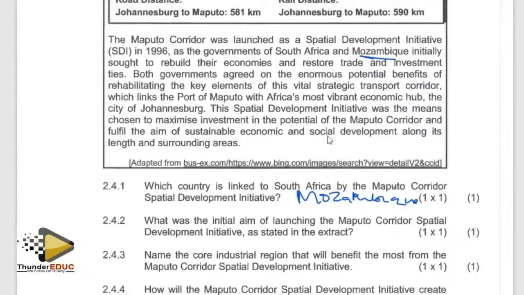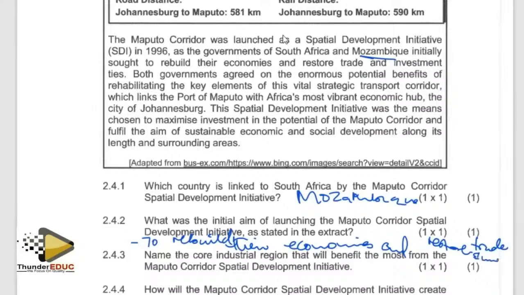But here it is written: to rebuild their economies and restore trade and investment. So we shall say, it's one mark, to rebuild their economies, and restore trade and investments.